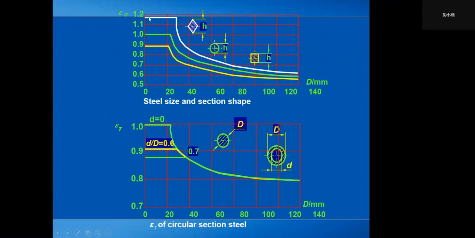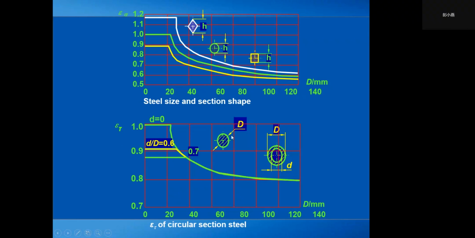The white curve represents steel with diamond cross section, the green curve represents steel with round cross section, and the yellow curve represents steel with square cross section. With the size increase, the size factor epsilon sigma will decrease.